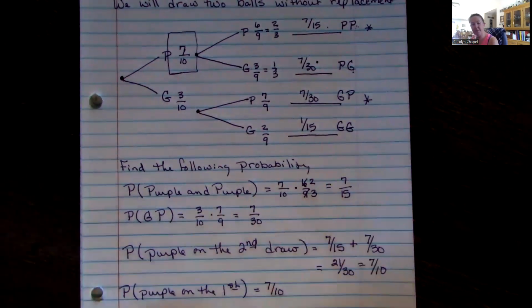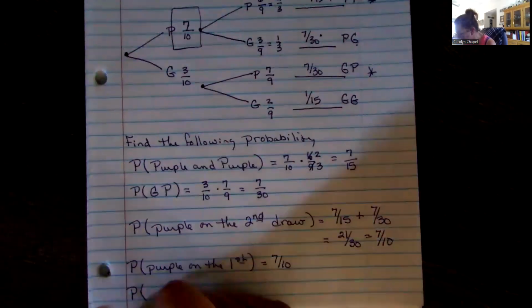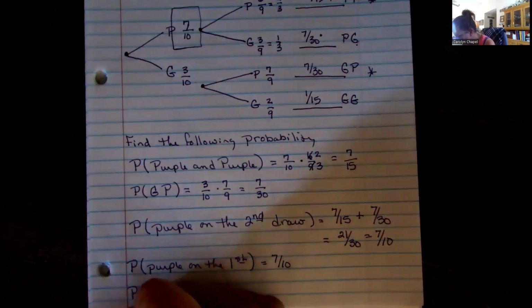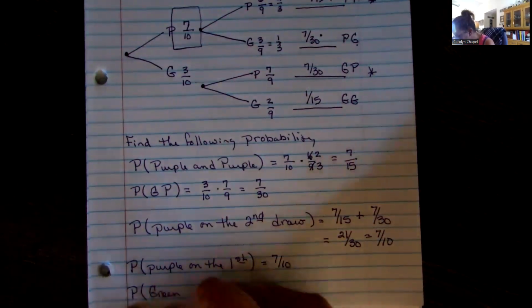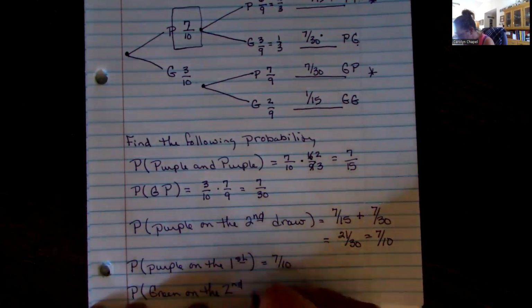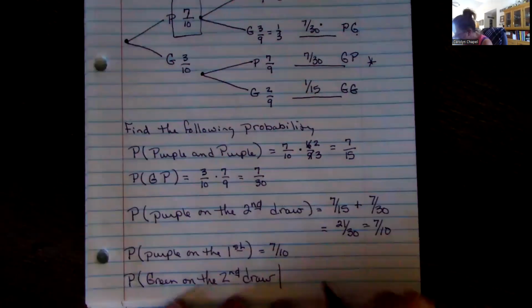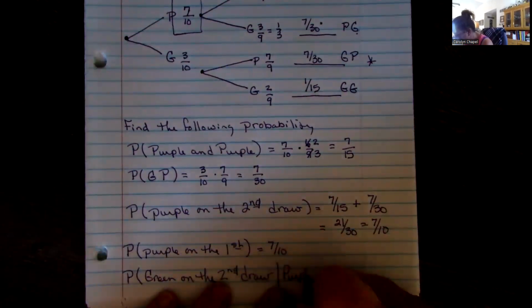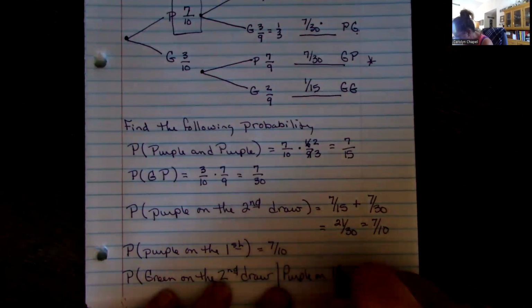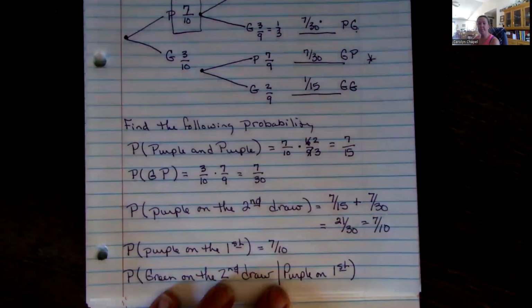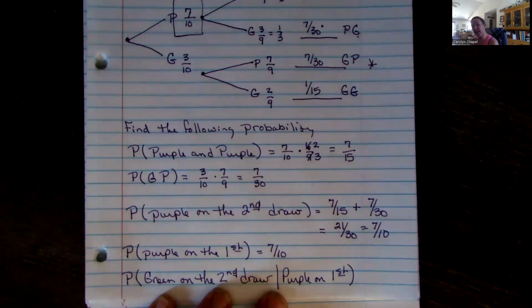Similarly to this one, if I want to know the probability of, let's do green on the second draw, given purple on the first. Okay, green on the second, given the purple on the first.